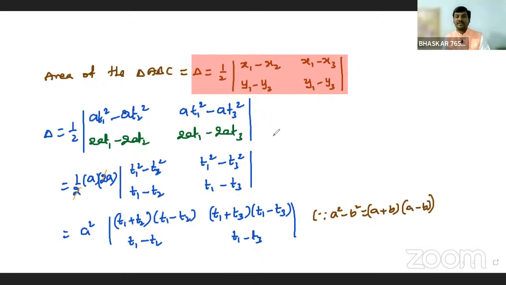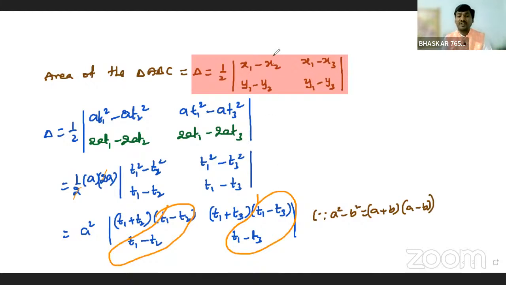Yes, this is the determinant. That's why we are applying the determinant properties. Now if anything is common row-wise or column-wise, check it once again. Here t1 minus t2, t1 minus t2, t1 minus t3, t1 minus t3.